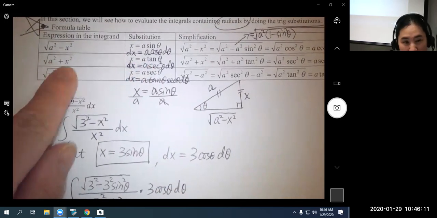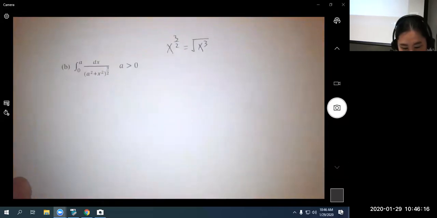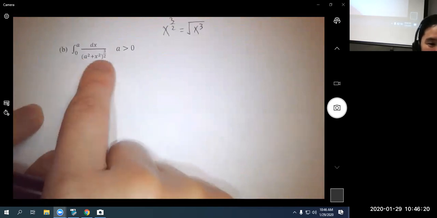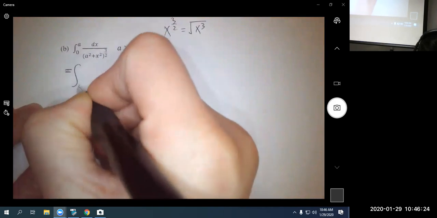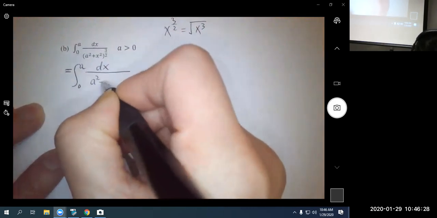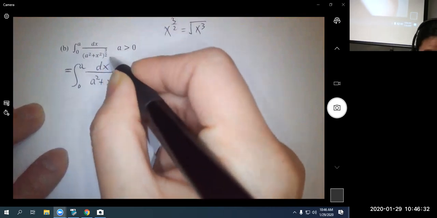Okay, so now let's look at a question involving the second case. This integral is a definite integral. We have to be very careful. A squared plus x squared to the 3/2.